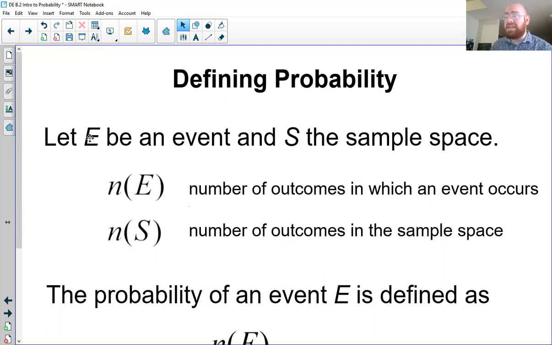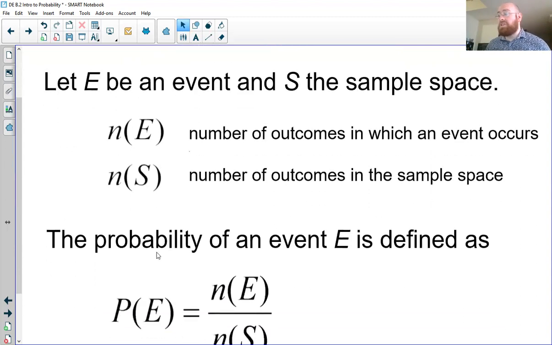That is what we are going to do in order to define probability. We're going to let E be an event, a set, and S, the sample space, another set. So both of these are collections of things. N of E is the number of outcomes in which an event occurs. So how many things are in this set? And N of S is the number of outcomes in the sample space. So how many things are there?